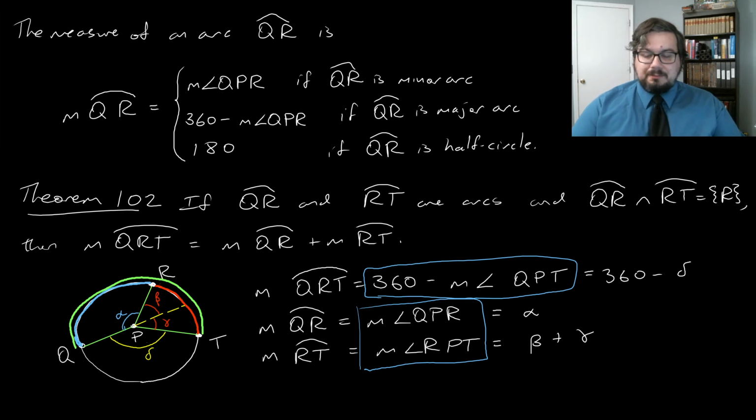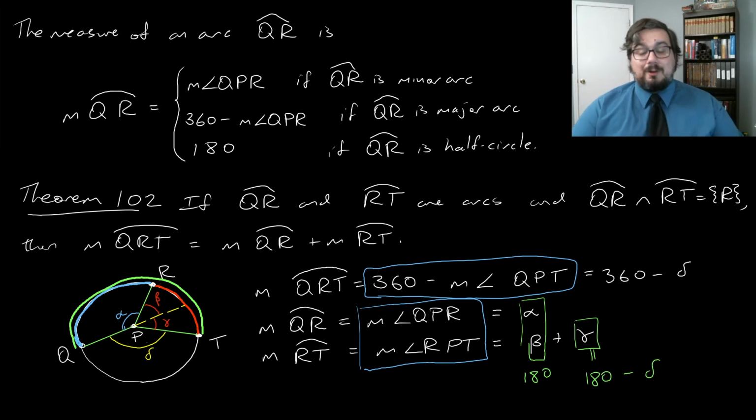But then we use the fact that alpha plus beta is equal to 180, and that gamma here is equal to 180 minus delta, because gamma and delta form a linear pair. And therefore now we can see that 360 minus delta does in fact equal the alpha plus beta plus gamma that we had here.